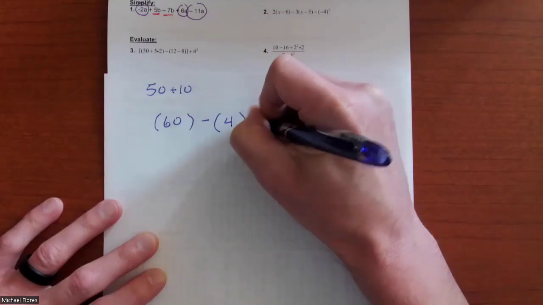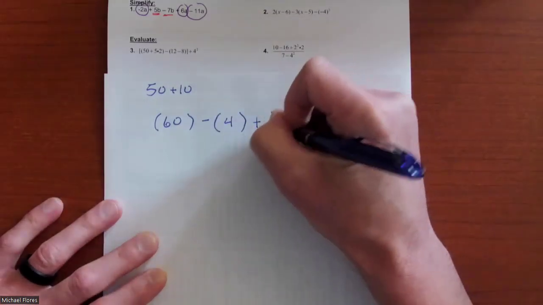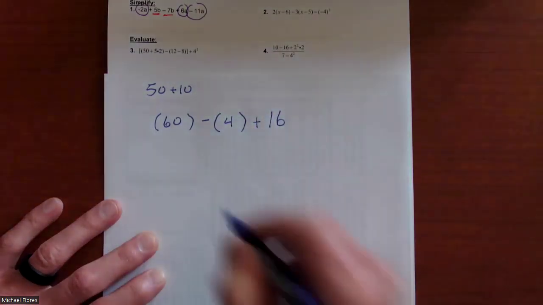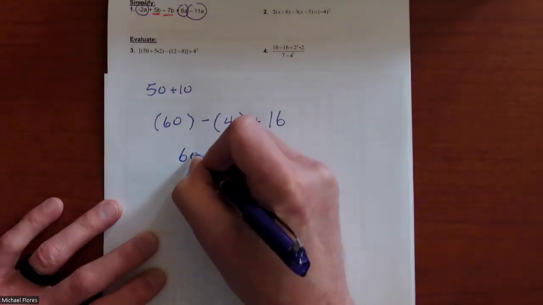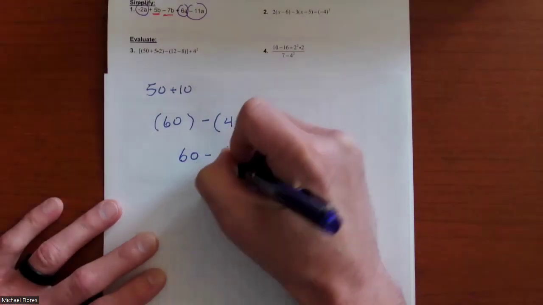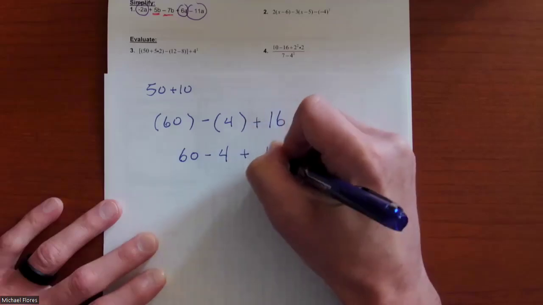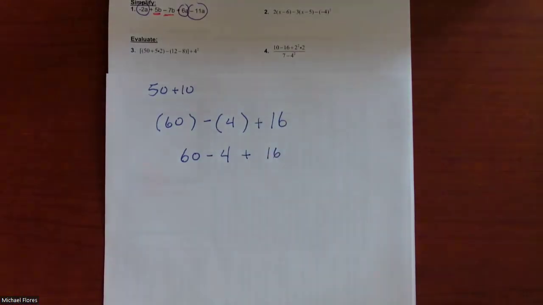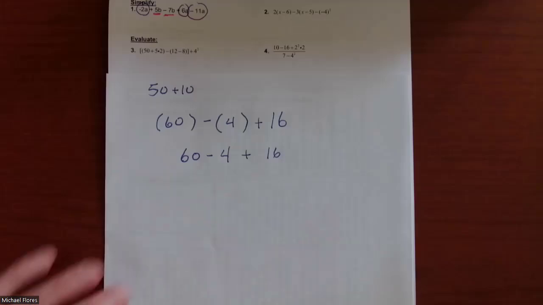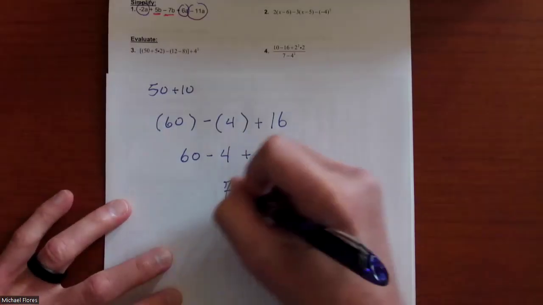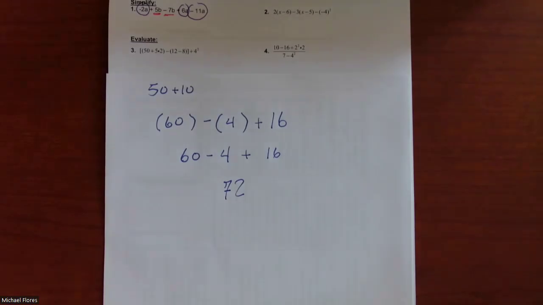And then plus 4 squared, that's 16. Now the parentheses are no longer needed. And now we can combine all those integers, get our final answer of 72.